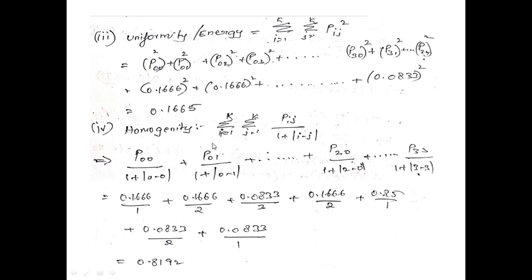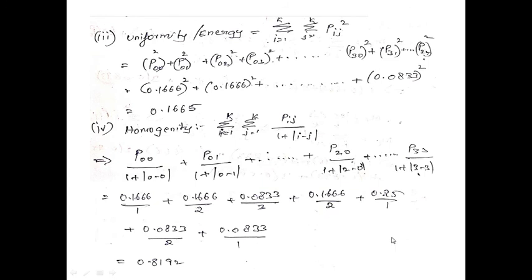And the next one is homogeneity. So the homogeneity mathematically is given by Pij divided by 1 plus the magnitude of i minus j, the modulus of i minus j. So a homogeneous image will result in a co-occurrence matrix which is a combination of high and low, where the range of gray levels is small here.